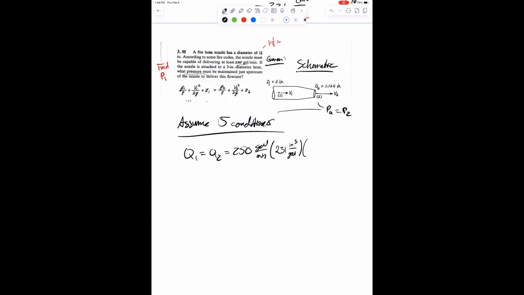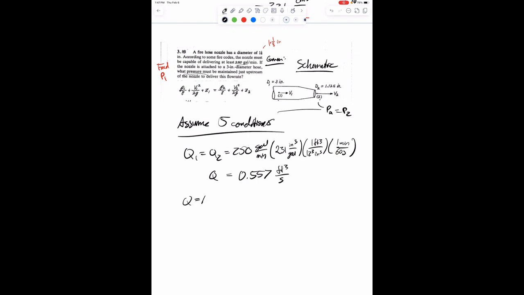We want to go from inches to feet, so it's 12 to the power of 3 cubic inches to cubic feet. Then we want to convert from minutes to seconds, so it's 60 seconds per minute. Everything will cancel out to give us cubic feet per second. Therefore, volumetric flow rate is 0.557 cubic feet per second. That's your volumetric flow rate, and it's the same at point 1 and point 2.